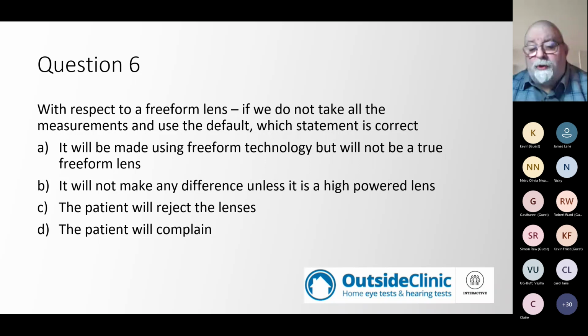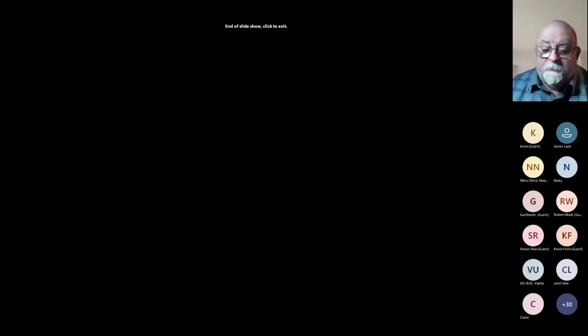We need to make sure that we tell the patient clearly where we want them to look, whether we want them to look to the right or to the left or up or down, bring your chin up, bring your chin down. And we just need to make sure we're communicating effectively with the patient through this.